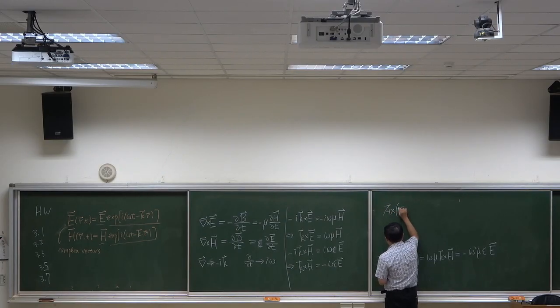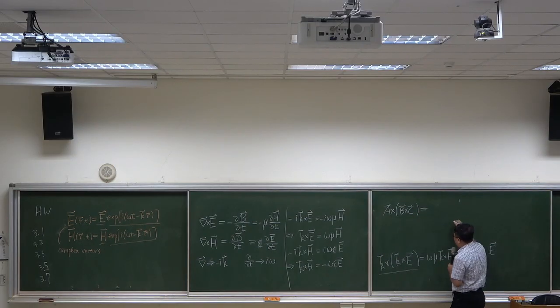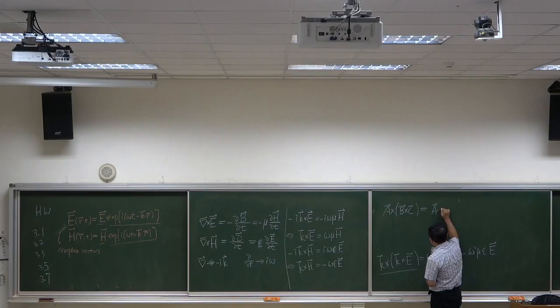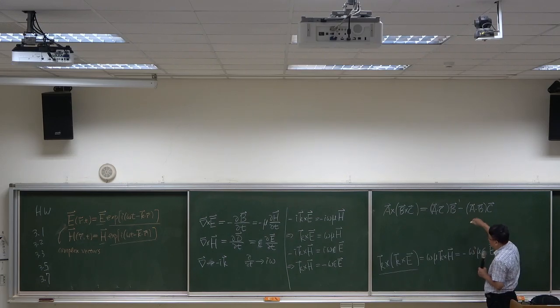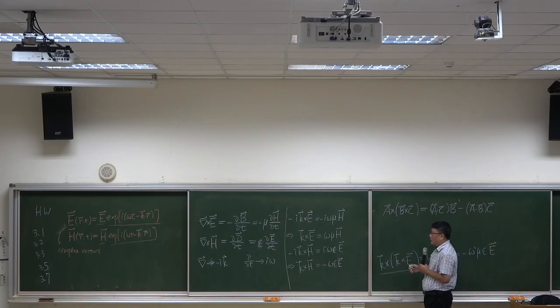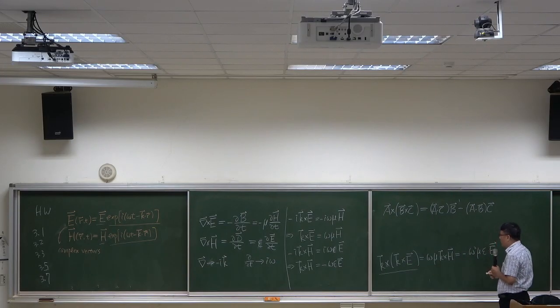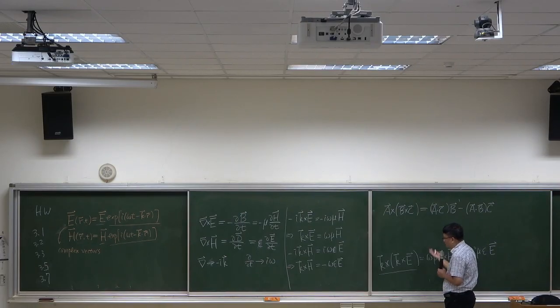When we encounter A cross B cross C, there is a formula: A dot C times B minus A dot B times C. Okay. If you are not familiar with this formula, you can check chapter 1 of some electrodynamics book or the final page inside the cover.